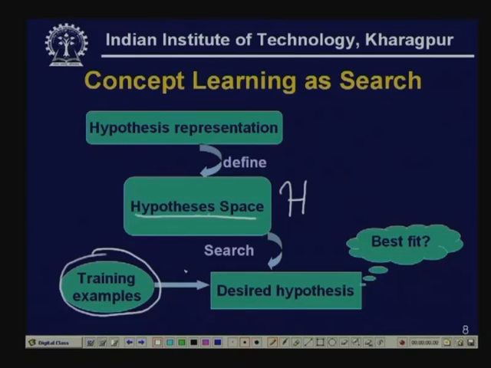Now, how do we get the hypothesis space? We have a set of attributes or features, let us say A1, A2, ... An are the n attributes. The hypothesis space is defined in terms of these attributes, and the representation that we choose to represent the hypothesis defines the hypothesis space.